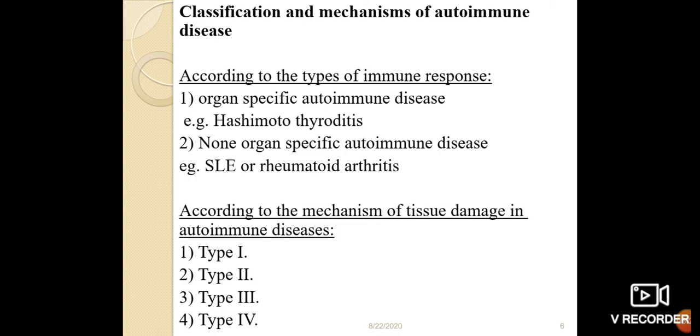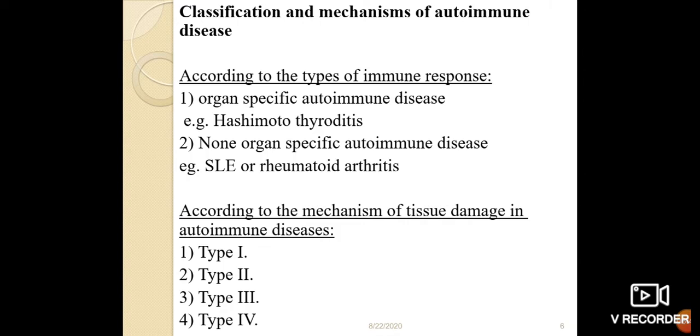What is the classification of mechanisms of autoimmune disease? Actually, autoimmune disease is classified according to the type of the immune response, meaning that if the immune response is specific for a certain organ, we call it organ-specific autoimmune disease, like Hashimoto thyroiditis.